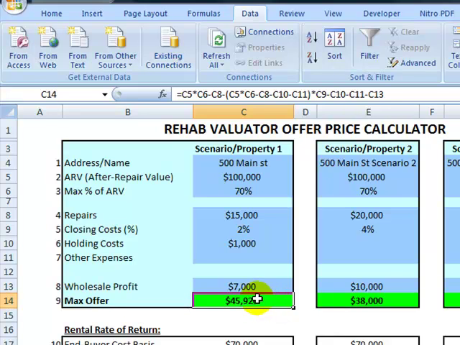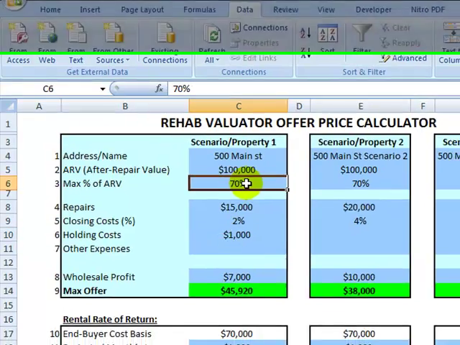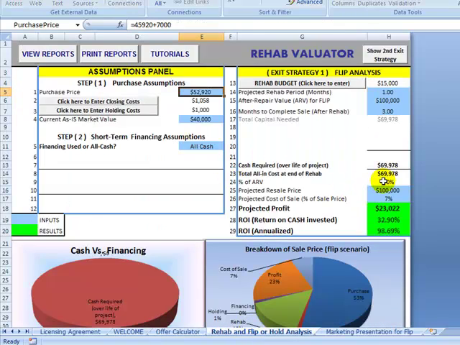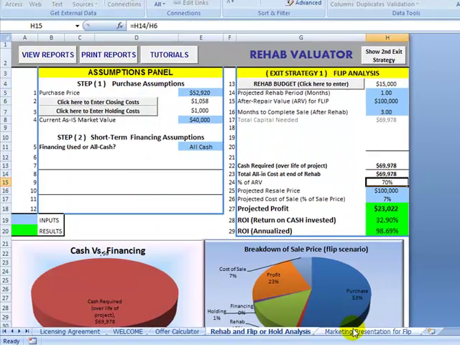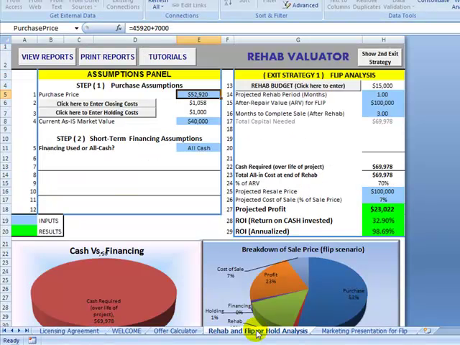So if you paid your seller $45,920, charged a $7,000 assignment fee to your wholesale buyer, his cost basis after $15,000 in repairs, 2% closing costs, and $1,000 in holding costs would be $70,000, which is 70% of $100,000. And we also saw that in the numbers here. And I showed you how to create a marketing sheet for a flip scenario for your wholesale buyers.